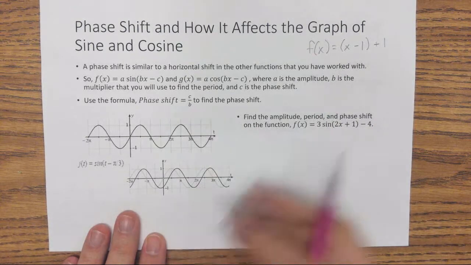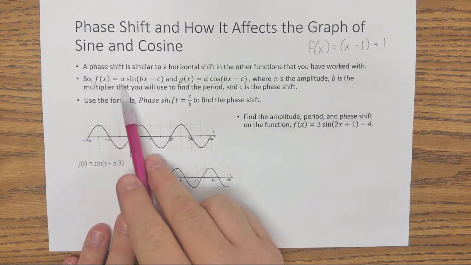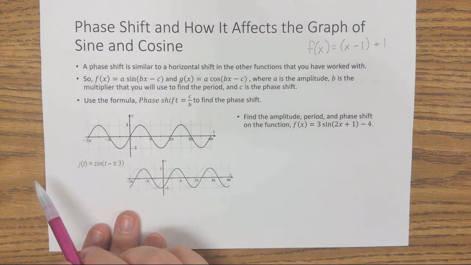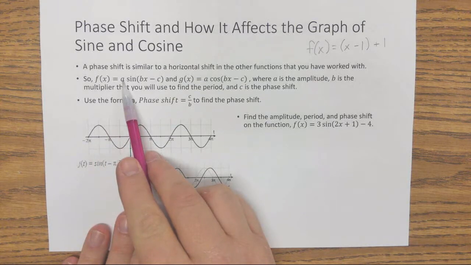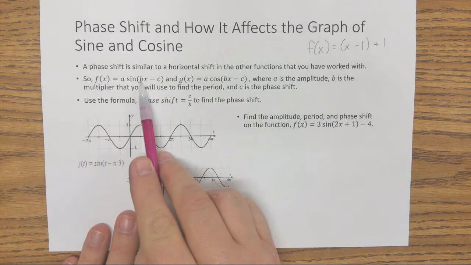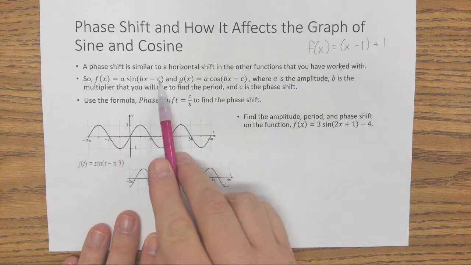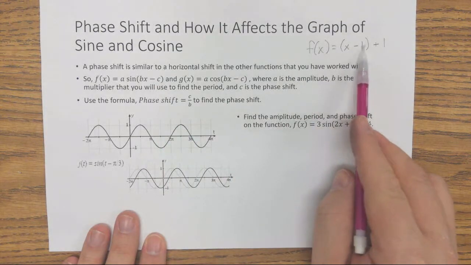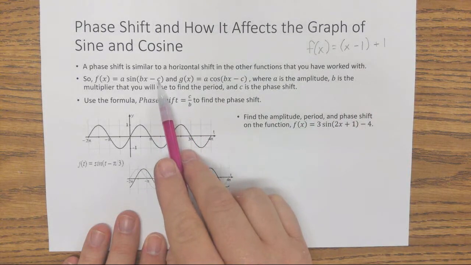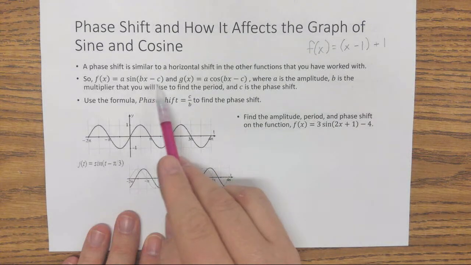It's the same looking kind of thing on sine and cosine functions. It's just more stuff added in because we've got the amplitude, the period, and then this is the value that we're going to use to find the phase shift. So it's just like that -1 there, except it's minus c here. It's just some value.